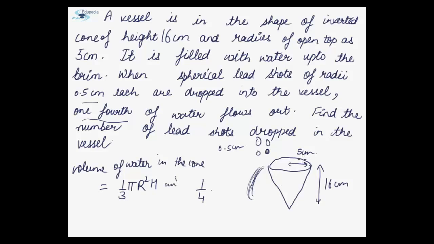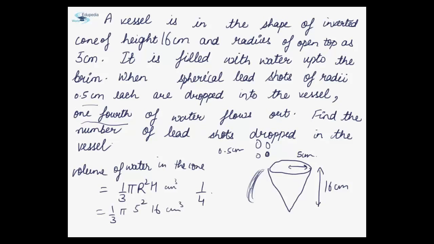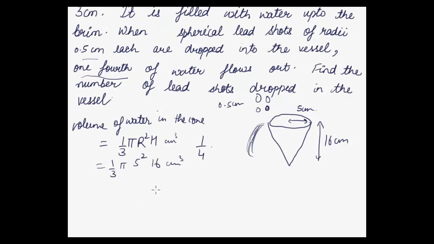So radius of this cone is 5, so we have 5 square, and height is 16. So we have the value as 400 pi centimeter cube, as the volume of cone.